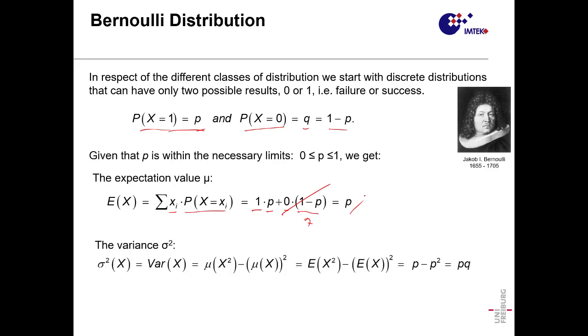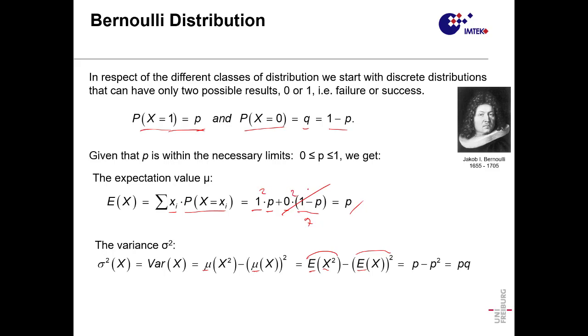The variance, the same. I use sometimes mu and sometimes E, because in the literature they are quite equivalent. Some people call it mu, some people call it expected value. So the variance, we know that we can calculate it as the expected value of the random variable squared minus the squared expected value. If you get the expected value of X squared, it would be like putting a square here and a square here.